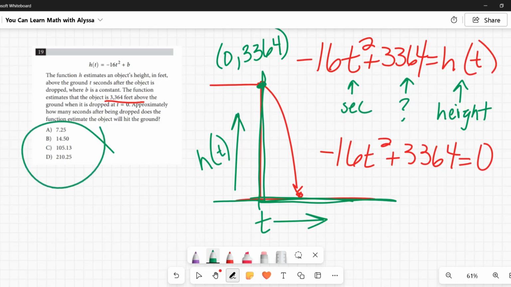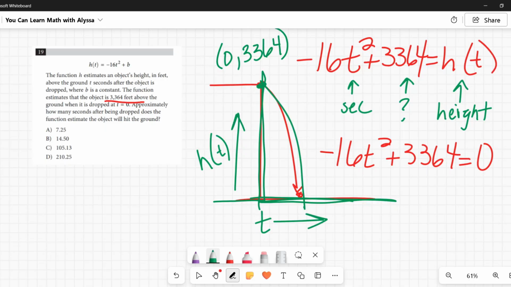They don't have any negatives there, but we just want to be careful that we are looking at the positive number. I don't think they're trying to deceive you with any of those, but they like doing that, so just be mindful. We're looking on this side because this parabola would be continuing that way as well in a graph.